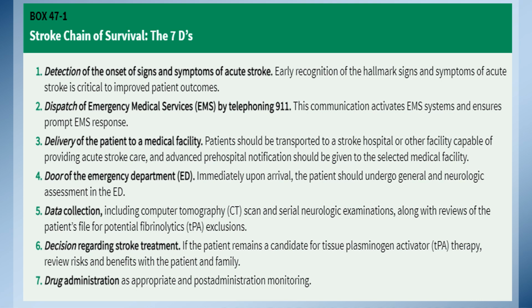In the event that it is an ischemic stroke, meaning it was caused by a clot, either an embolism or a thrombus, the TPA can be given within 3 to 4 hours, ideally 3 hours of onset of symptoms.